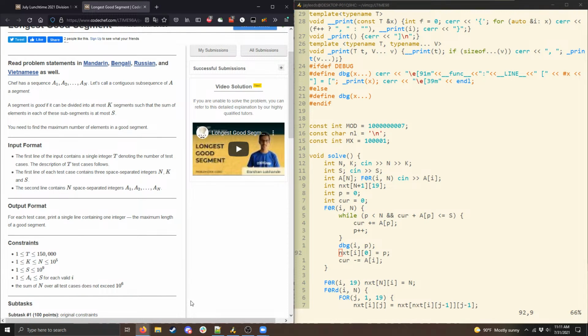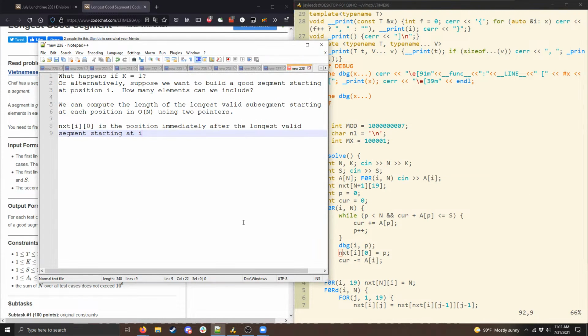Now the motivation for doing this is that this problem is a lot easier if you're familiar with a technique known as binary lifting.